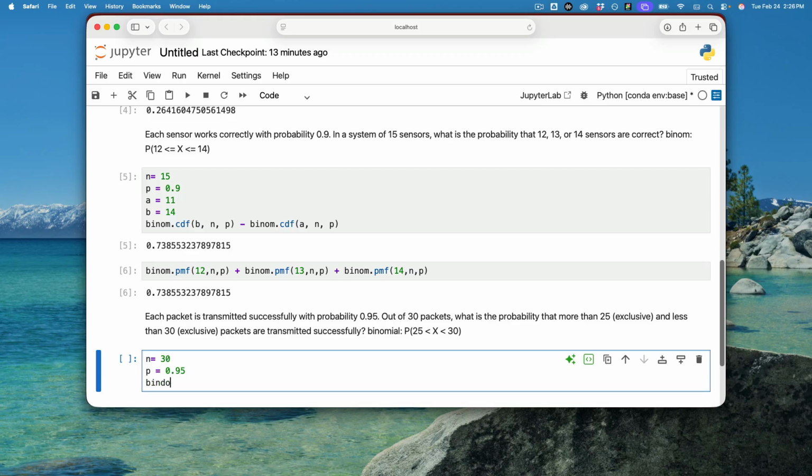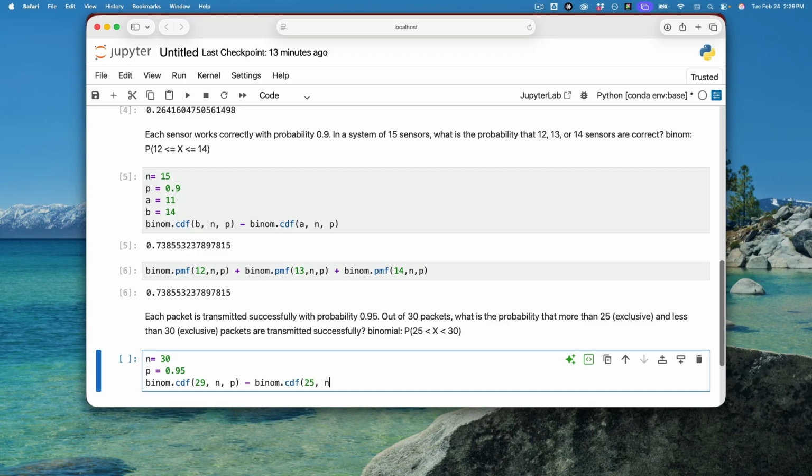And then I can do binom.CDF of 29, because less than 30, so 29, n, p minus binom.CDF. We said we want to be greater than 25, so we would take out the area including that 25.